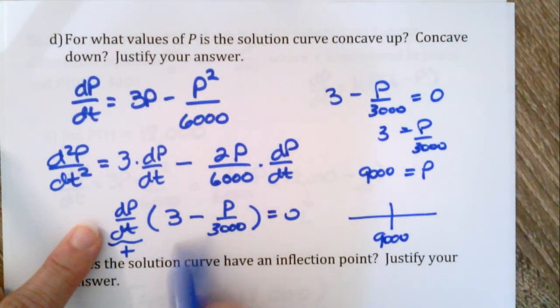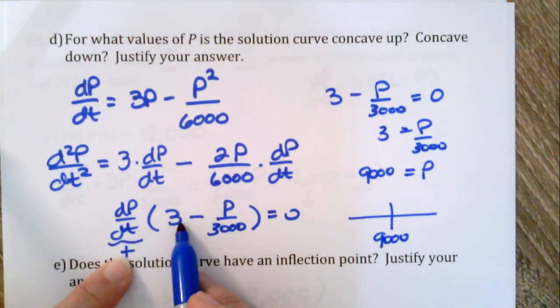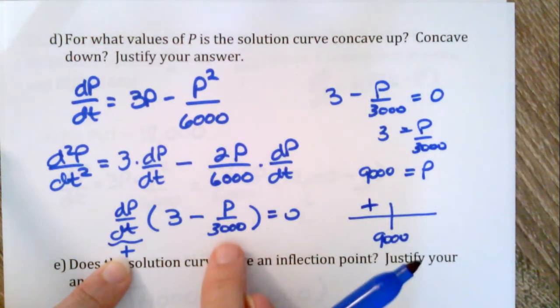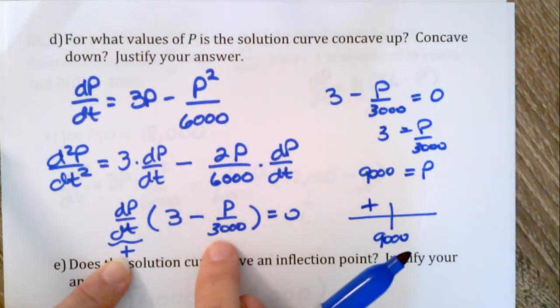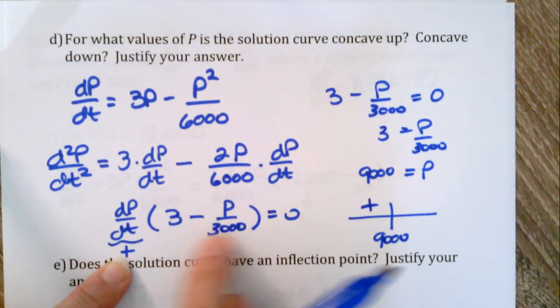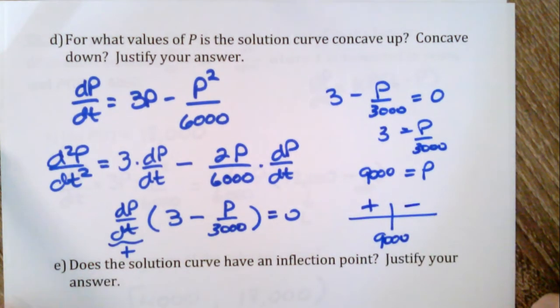And so this is still going to be positive. My dP/dt is always positive, and so a positive times a positive is positive. If I pick a number bigger than 9,000, say like 10,000, 10,000 divided by 3,000 is going to be bigger than 3, which is going to make this factor turn out negative. And if I multiply a negative times a positive, that's negative.